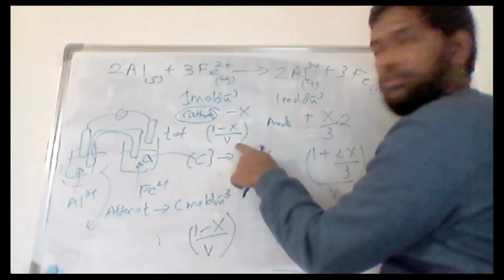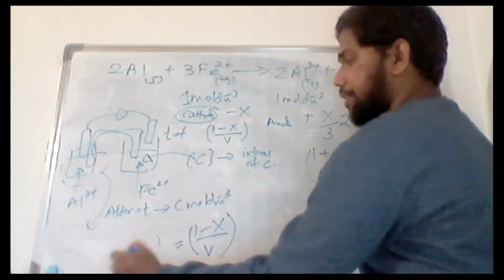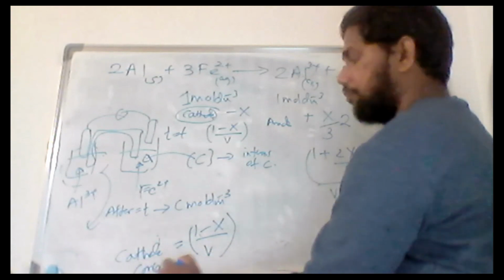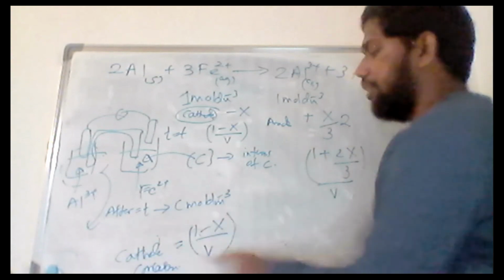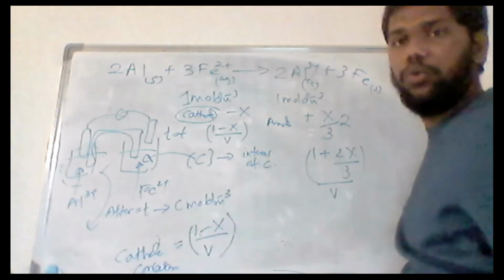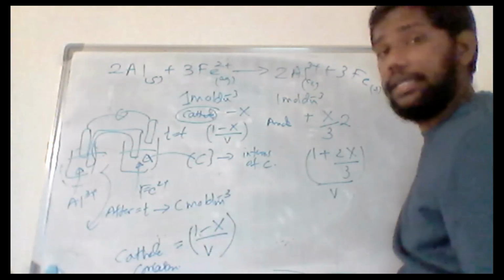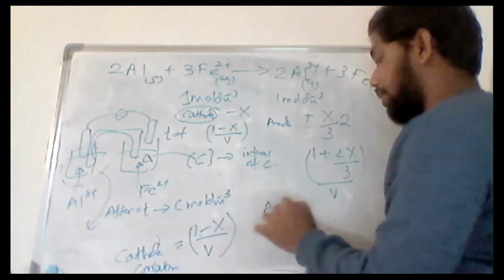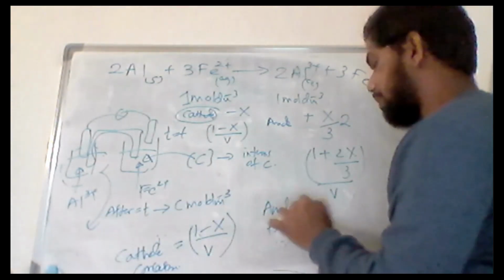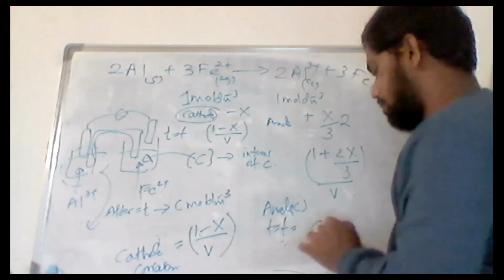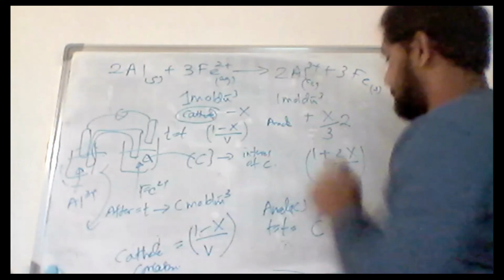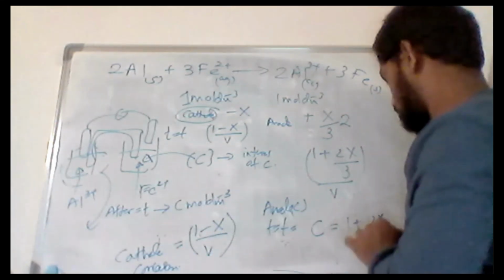This is the cathode concentration, so I have to mention this concentration in terms of C. I don't know it, so how do you calculate that? Because I know the concentration of the anode compartment after time t. So the anode concentration after time t is C, which should be equal to 1 plus 2X over 3.